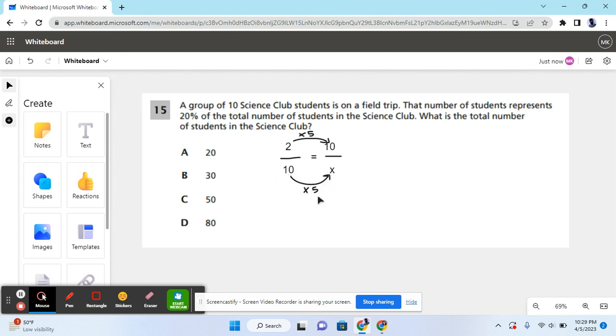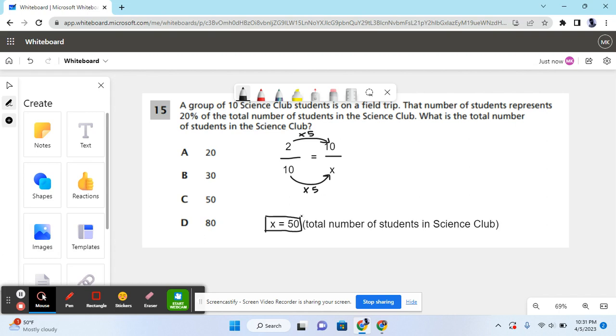And 10 times 5 is equal to 50, which means x equals 50. So x equals 50, which represents the total number of students in the science club, making C our answer. Let's move on to the next problem.